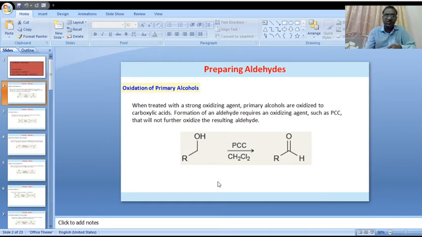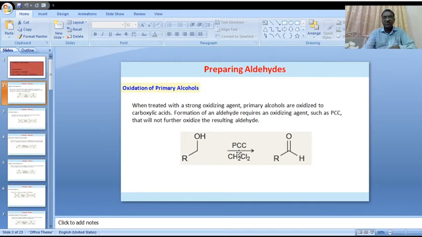Here, please concentrate. In a primary alcohol, the OH is attached to the alpha carbon. Only one alkyl group is present in this starting compound. On reaction with PCC, a suitable oxidizing agent.